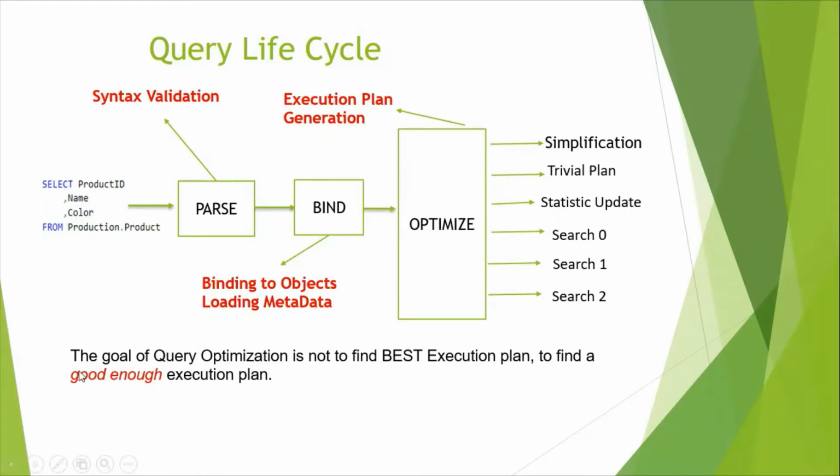See here the statement: the goal of query optimization is not to find the best execution plan, it is to find a good enough execution plan. There is a difference. If it keeps on searching for the best plan, it takes more time to identify the plan. Instead, it will pick a good enough execution plan to execute this query, as identified by the optimizer.